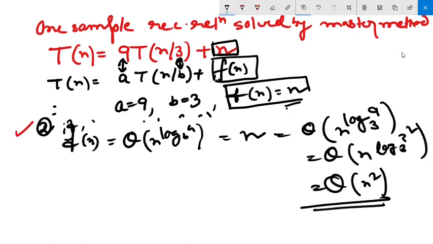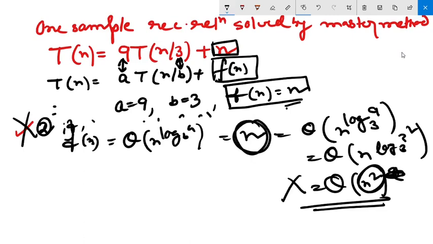So no way, if you don't subtract anything from here, this n square won't be reduced to n. Our f(n) is n, so it is not happening here. Okay, so option 2 is wrong.